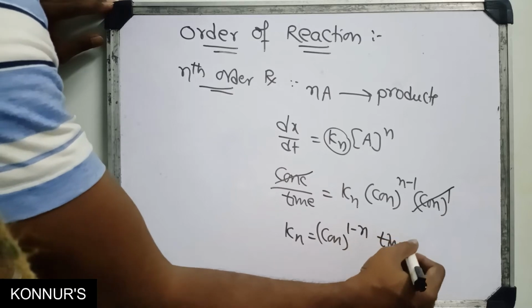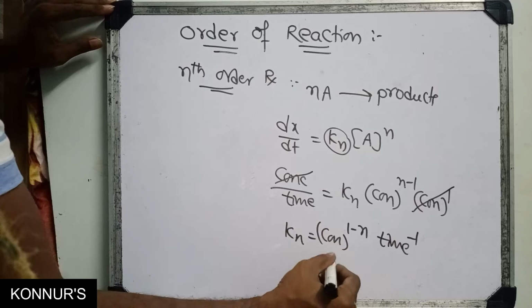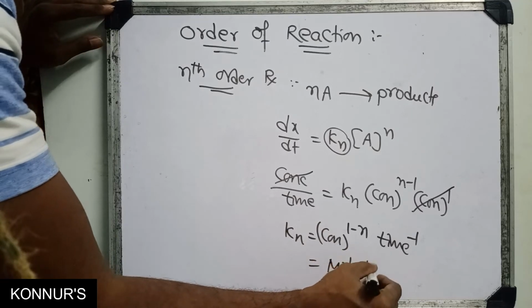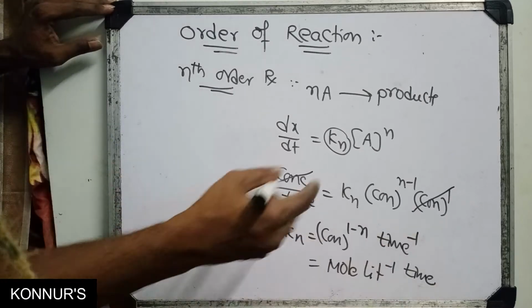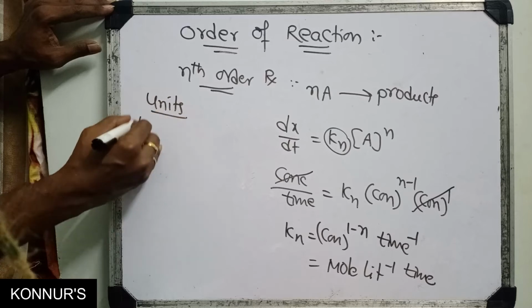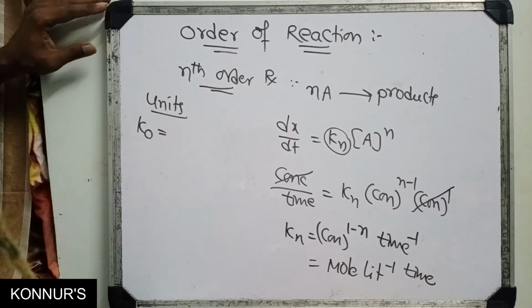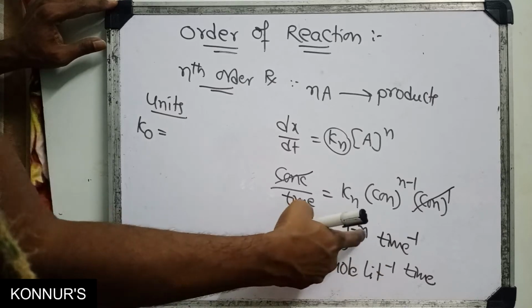Next, time inverse. Concentration means moles per liter. So the units are moles per liter per time. Based on this, identify the units of K0. For K0, you put n equal to 0.